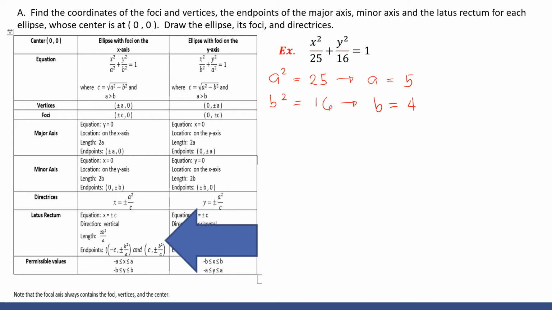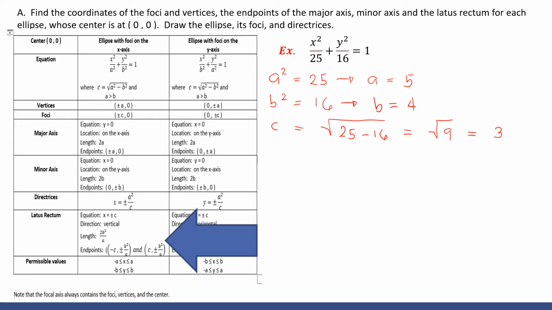Now, look for c. Paano nga natin kukunin ang c? It is from the square root of a squared minus b squared. Ibig sabihin, it's from 25 minus 16. And the square root of 25 minus 16 is equivalent to the square root of 9, which of course, is equivalent to 3.